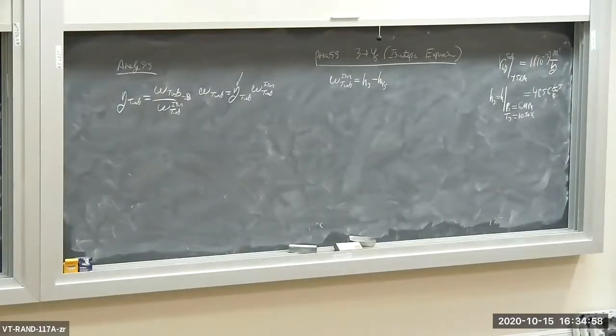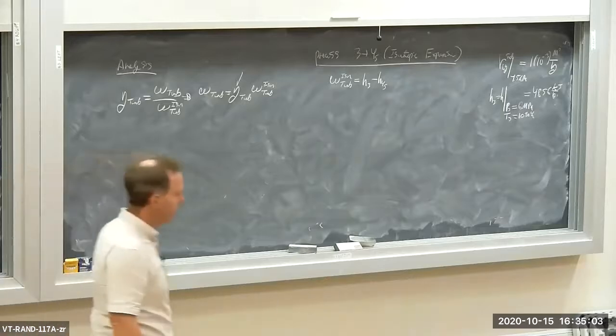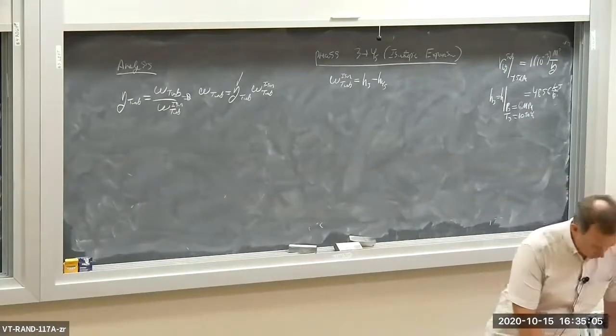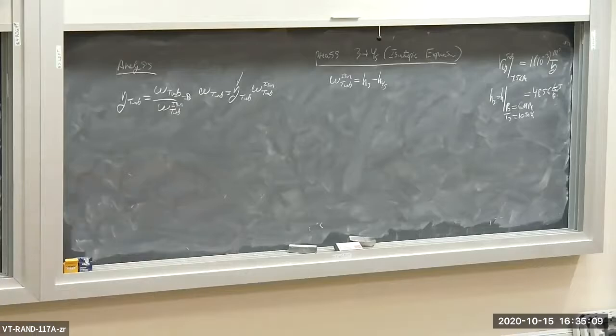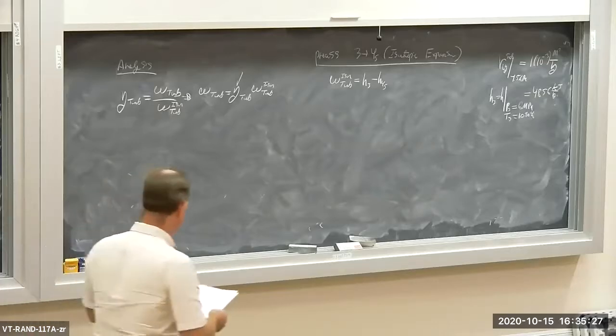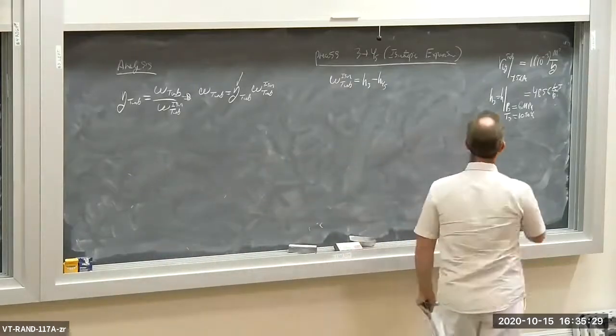By the way, the specific entropy at state 3, let's see if I can find it here. Oh, did I write it down? Yes, the specific entropy at state 3 is 8.25.